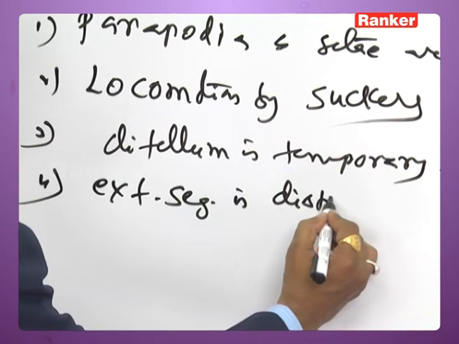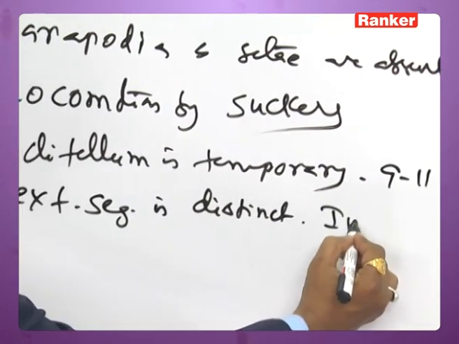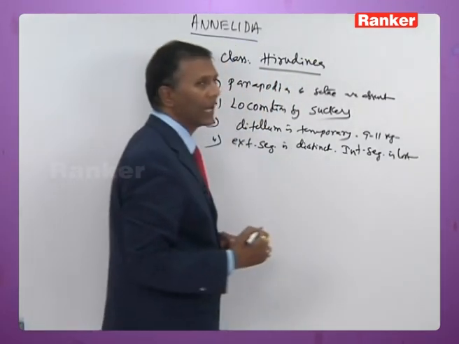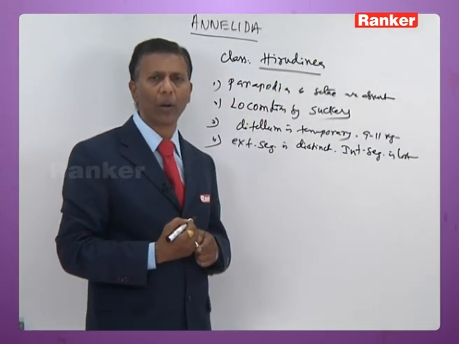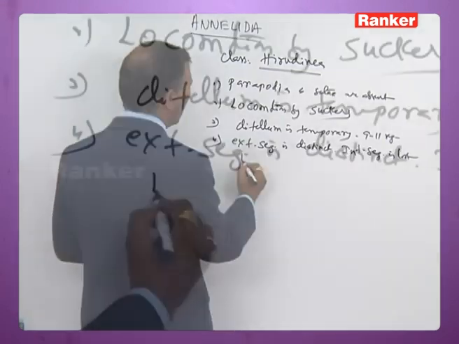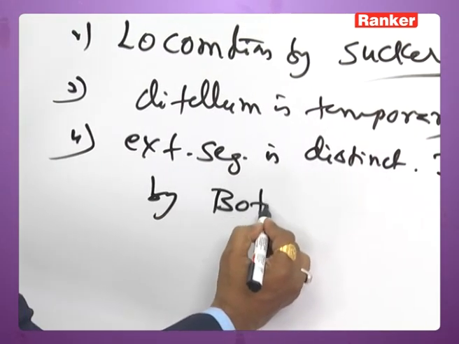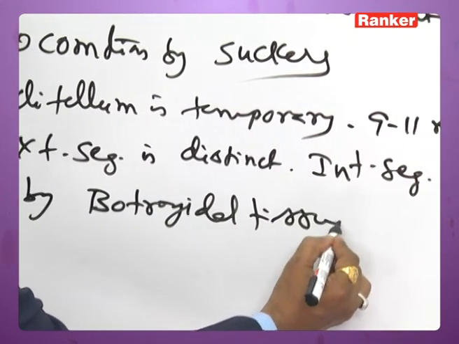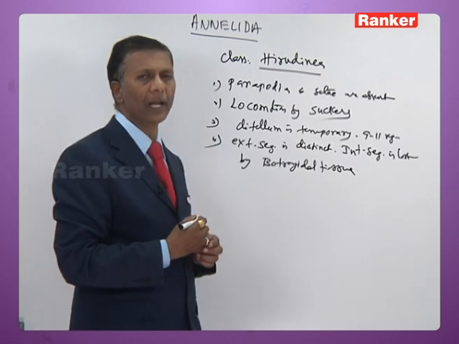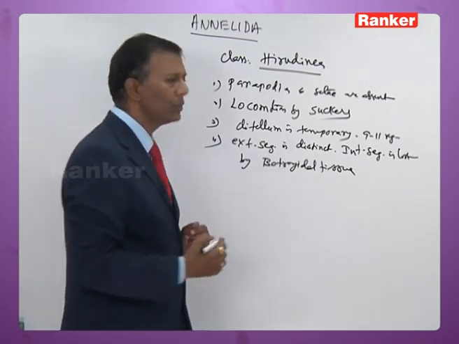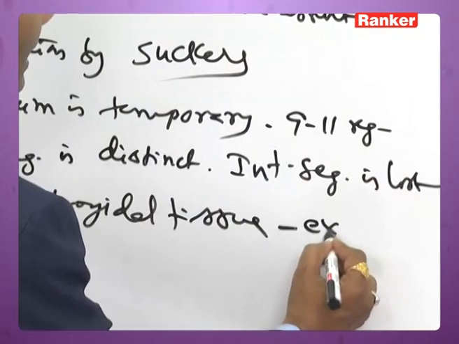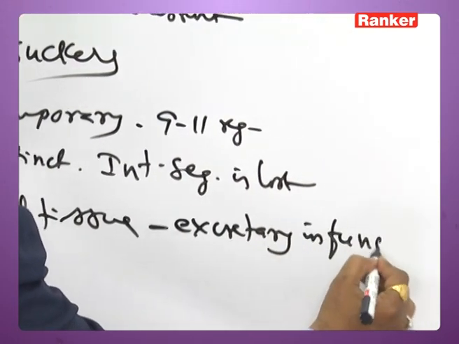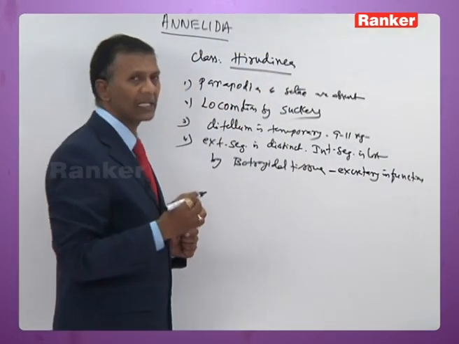Internal segmentation is obliterated by botryoidal tissue, which is mostly excretory in function.